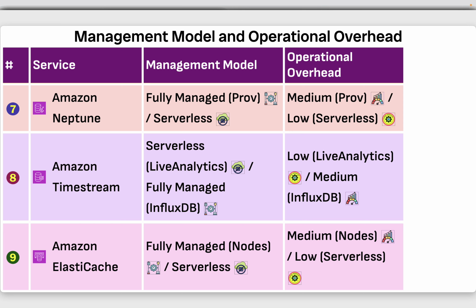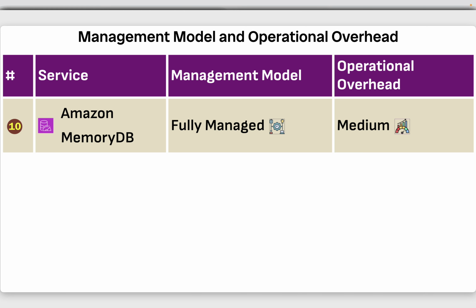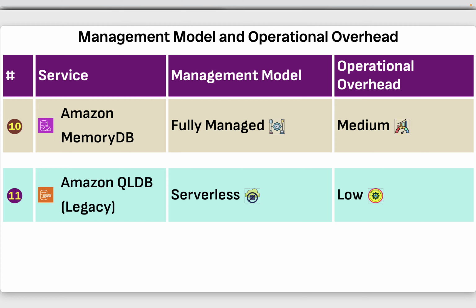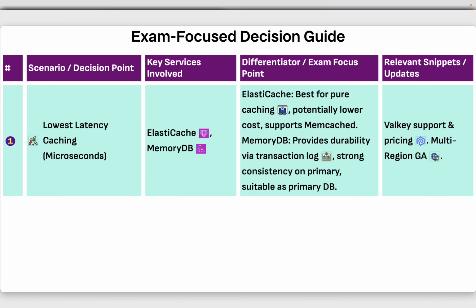So again, medium operational overhead for fully managed and low for serverless. Then comes MemoryDB, which is a fully managed model with medium operational overhead. Amazon QLDB will be serverless management model and low for the operational overhead.